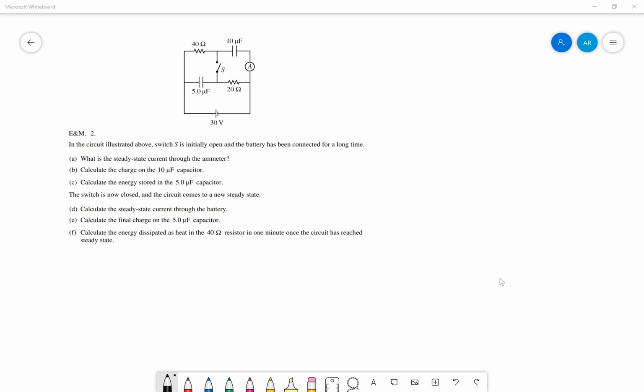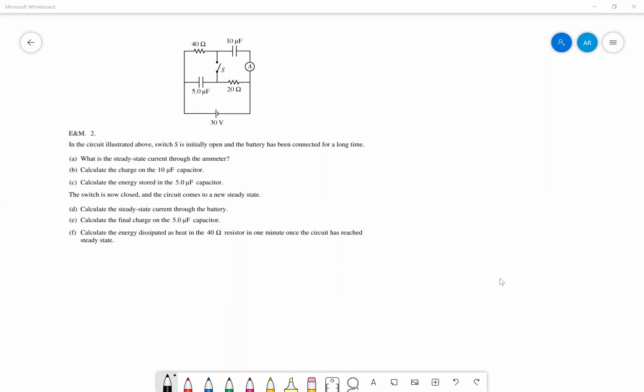Type your question in, and after each part, I will check the chat and answer any questions that you may have to the best of my ability. If you see anything wrong or anything confusing about what I did, just let me know in the chat, and after each part, I will check. Without wasting more time, let's get started.